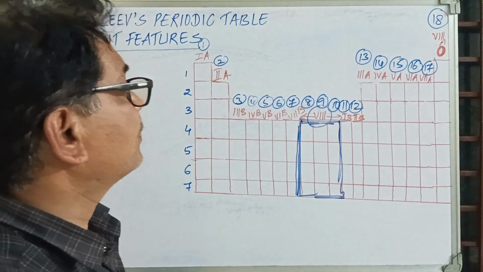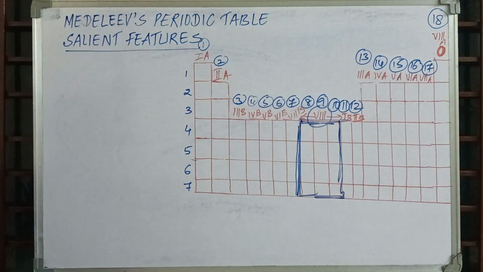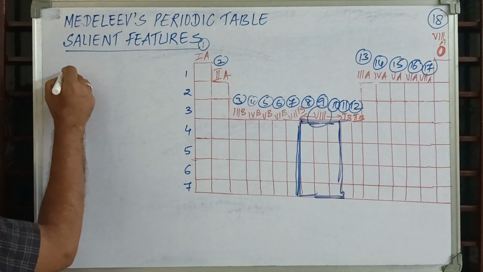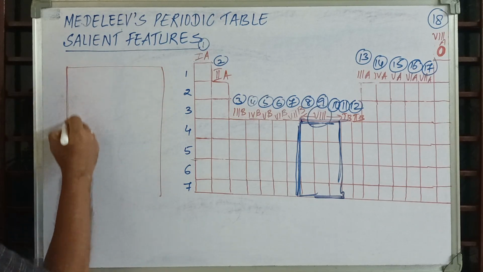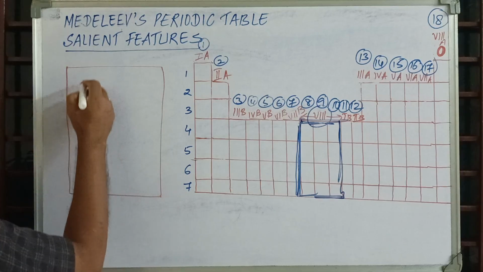Right, now let us speak about Mendeleev Periodic Table. Mendeleev Periodic Table had a simple design. It was like this.